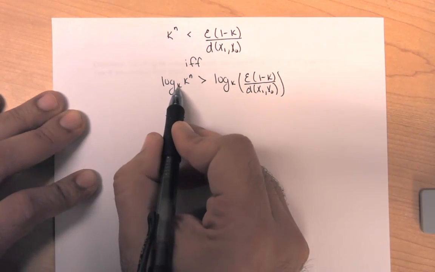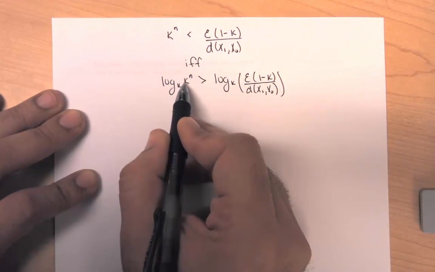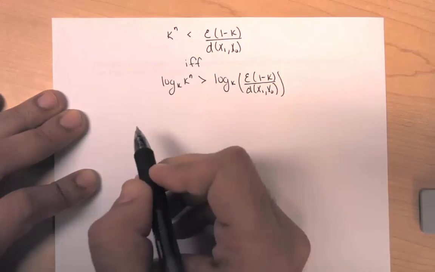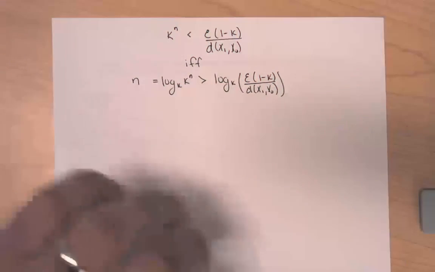Remember, the log base k asks what number do I need to raise k to, to equal k to the n? Well, k to the n is equal to k to the n. So this is in fact n.